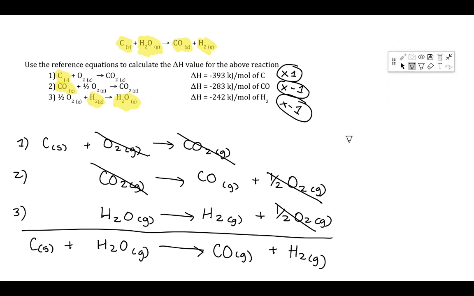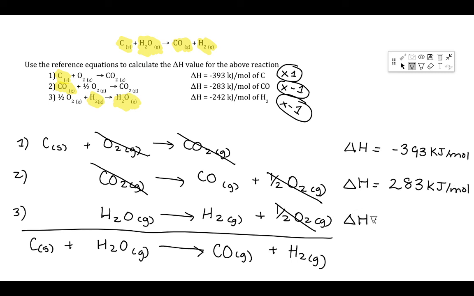So for the first reference equation, I kept the equation the same, so I'm going to keep the delta H the same. So negative 393 kilojoules per mole. For the second one, I flipped it over. So because I flipped over that equation, I'm going to change the sign of the delta H to be positive 283 kilojoules per mole. For the third one, again, I flipped that one over.